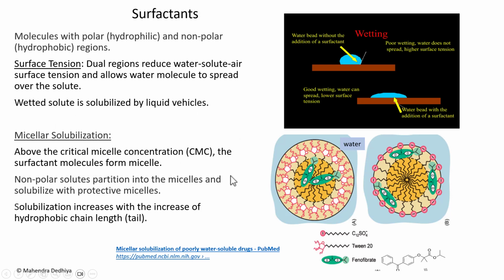This would allow solute to hydrate and help in the solution of it. Surfactants are also used in micellar solubilization. Example of fenofibrate, which is insoluble in water, can be solubilized as shown here by using Tween and sodium lauryl sulfate. It will form a micelle which is soluble in water.